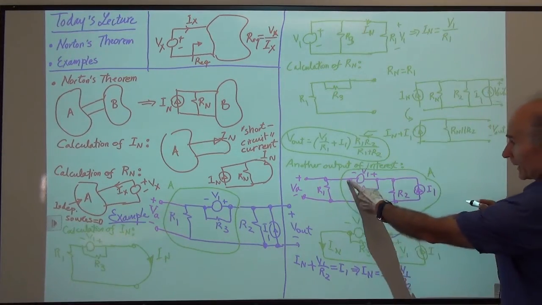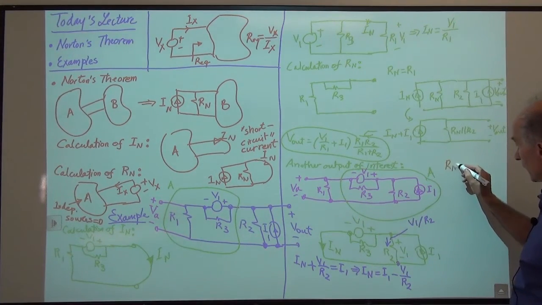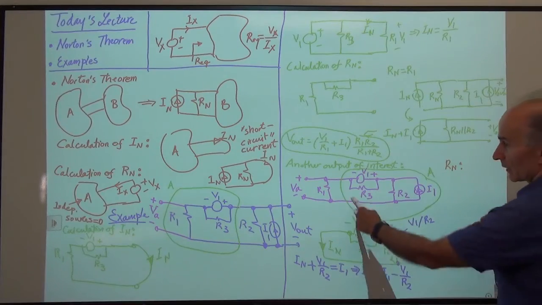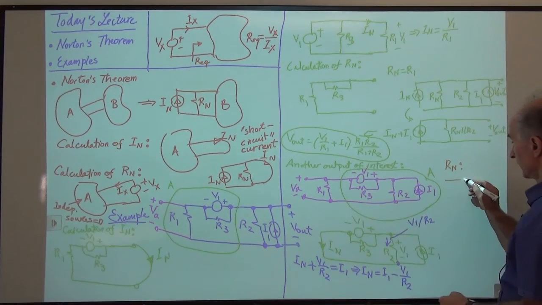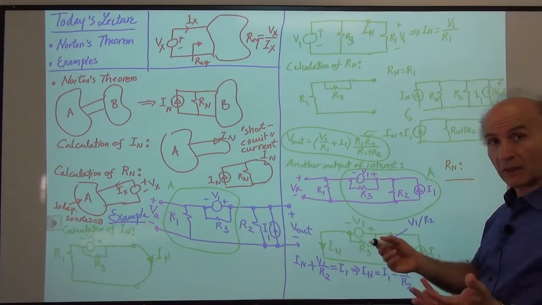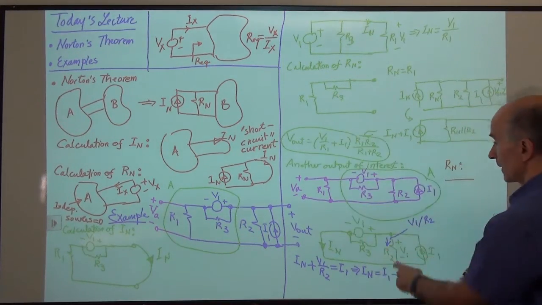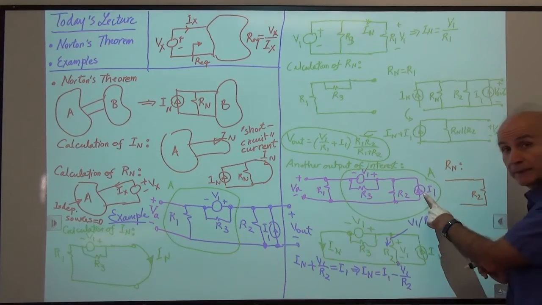So let's go ahead and draw that. So we say Rn, this is what I'm looking for, right? So I have a wire here. And then this is a short circuit. I can draw R3, but why bother? R3 is gone. R3 is shorted out, right? And then I come and I see R2. And then I1.